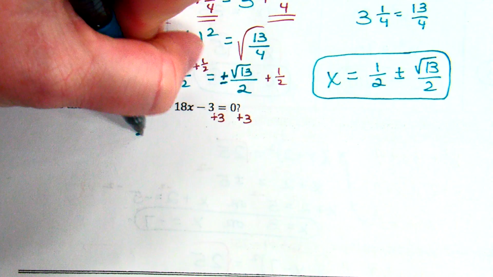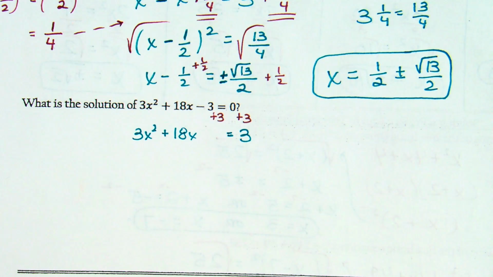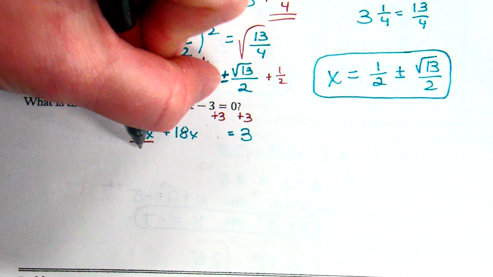Okay, ask yourself, have you completed step 1? No, because it has to be 1x squared. I have a 3x squared, so I need to divide by 3. If we divide that one term by 3, we're dividing everything by 3. So x squared plus 6x, leaving a gap, equals 1.